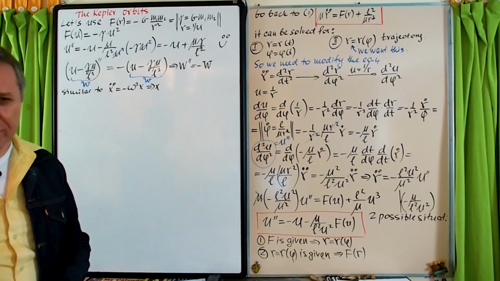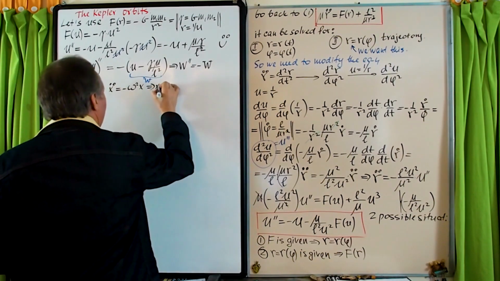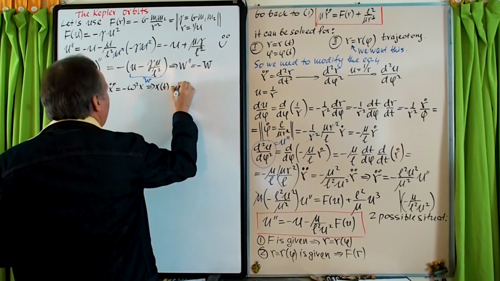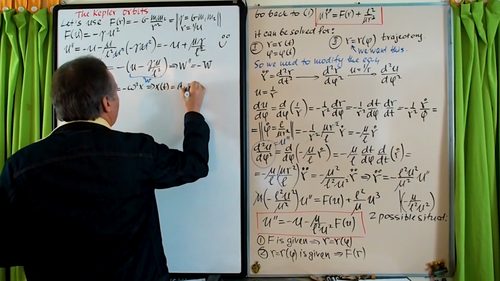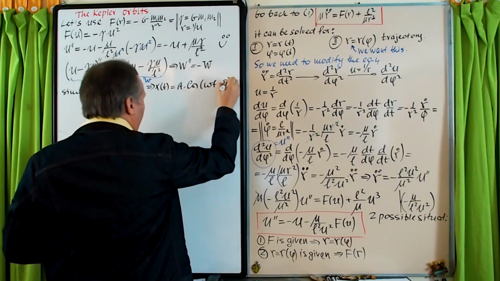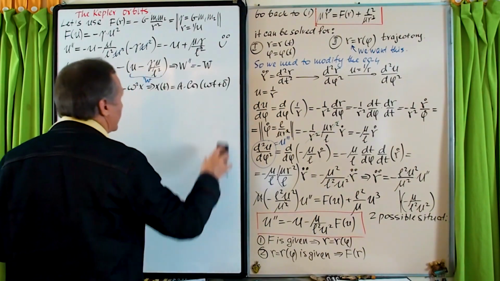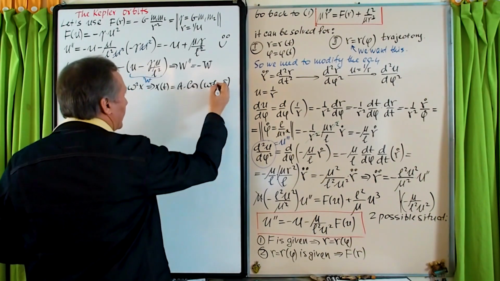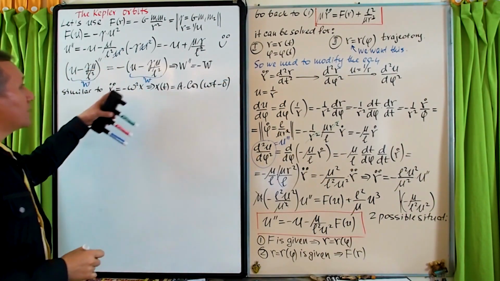I think that's how it's called. Every time I get confused about that. x equals A cosine omega t minus delta. We use minus in this book, right?